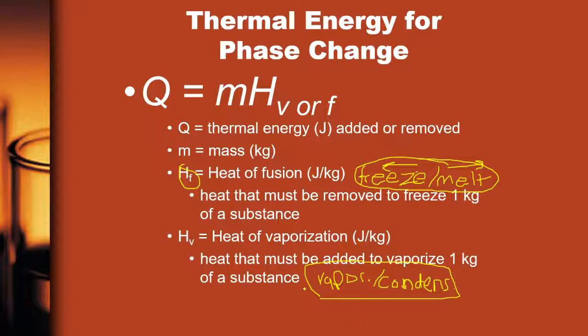And again, vaporization and condensation are the same phase change. Vaporization is adding energy. Condensation is releasing energy. Same phase change, opposite directions. So any problem involving vaporization and condensation, we're going to use the heat of vaporization, and I'll tell you where to get that in just a minute.